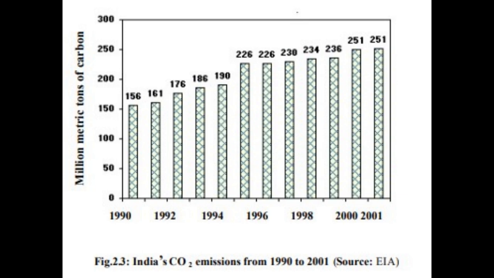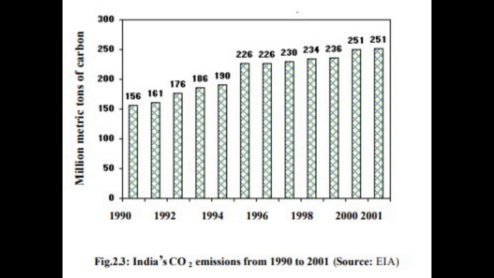You may want to know about the contribution of India to carbon emissions. In 2001, India, with 251 million metric tons of carbon equivalent emitted, ranked fifth in the world in carbon emissions, behind the United States, China, Russia, and Japan. See Fig. 2.3.